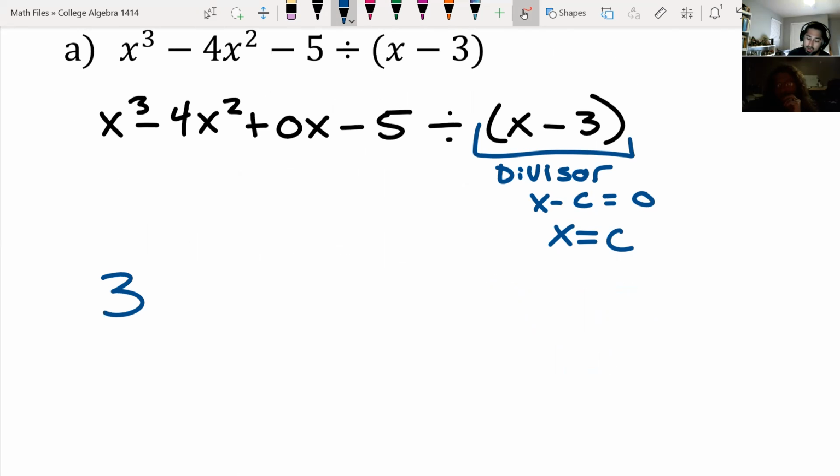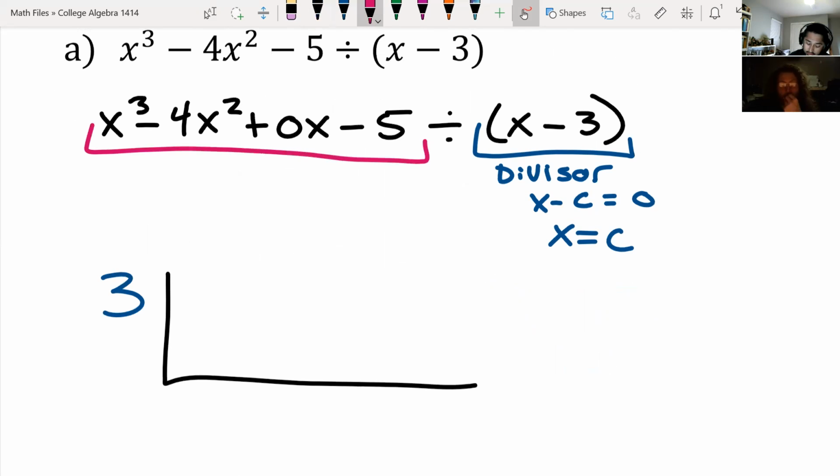And now when I write my division symbol, it's going to be, you can say, upside down. And then inside goes the dividend, just like last time. But the biggest change here is that you do not put any variables.